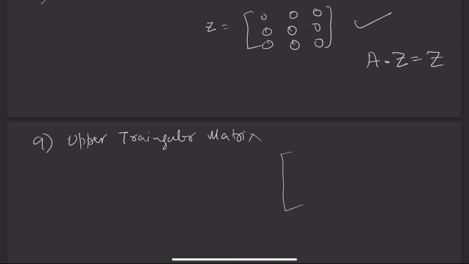Let's take an example, a 3 by 3 matrix. All the elements which are not in the upper triangular part are zero. That means these elements will be zero, and these elements are not zero. So all the elements which are not part of the upper triangular are zero. Then this matrix is said to be an upper triangular matrix.